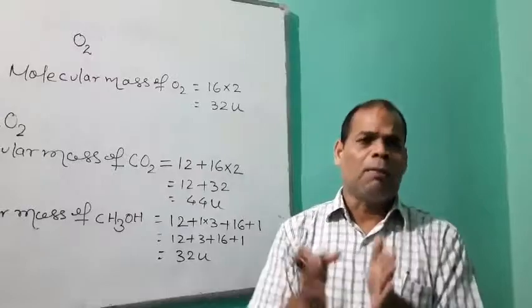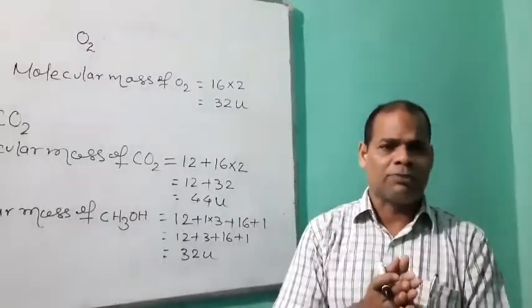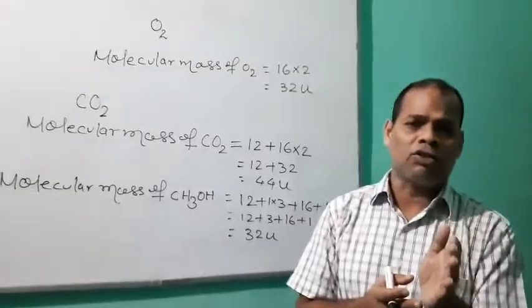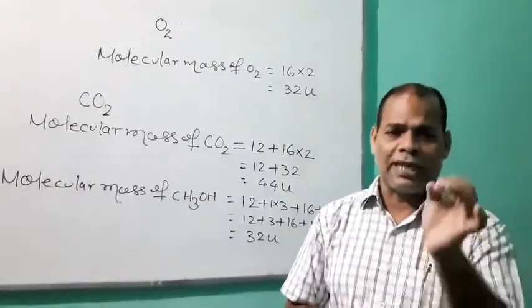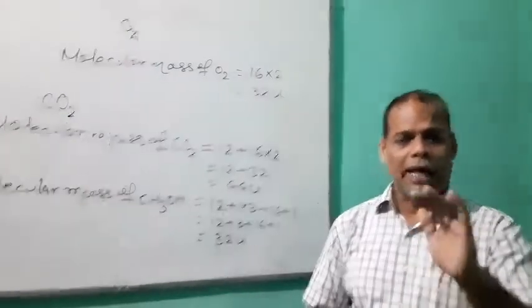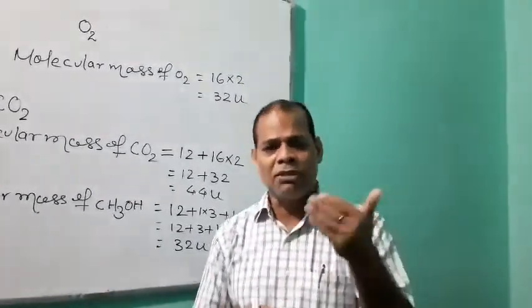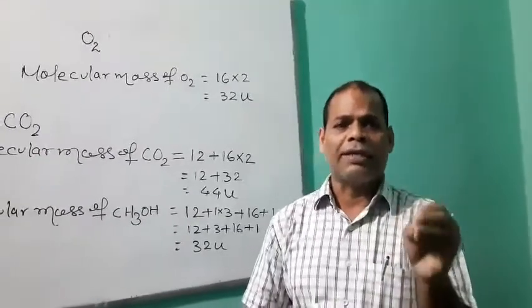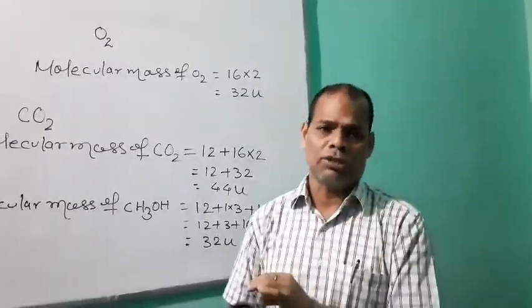That gives the molecular mass of a substance. And the relative molecular mass of a substance is expressed in atomic mass unit, as we had expressed the atomic mass of an atom also in atomic mass unit.